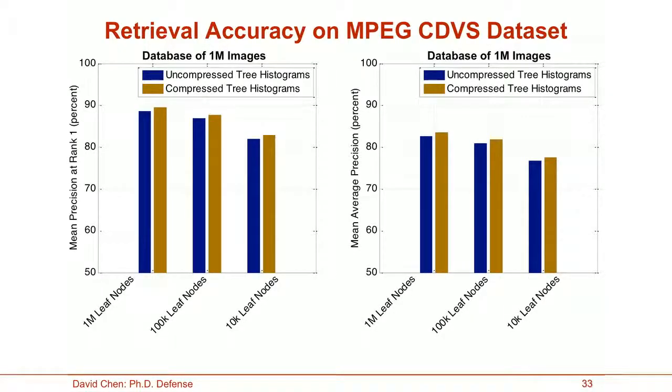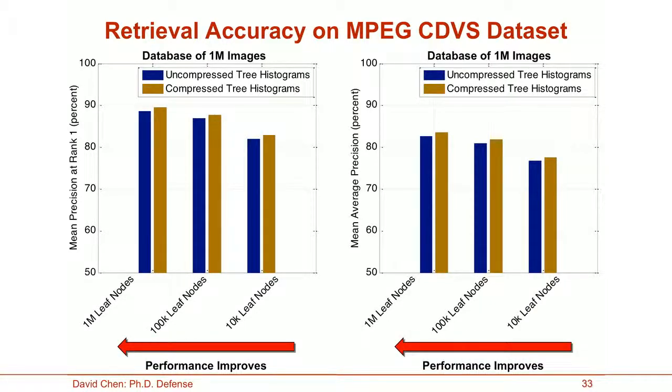Here I'm showing the retrieval accuracy on the MPEG CDVS dataset in terms of the mean precision at rank 1 and the mean average precision. 3 different tree sizes are tested: a tree with 1 million leaf nodes, 100,000 leaf nodes, and 10,000 leaf nodes.